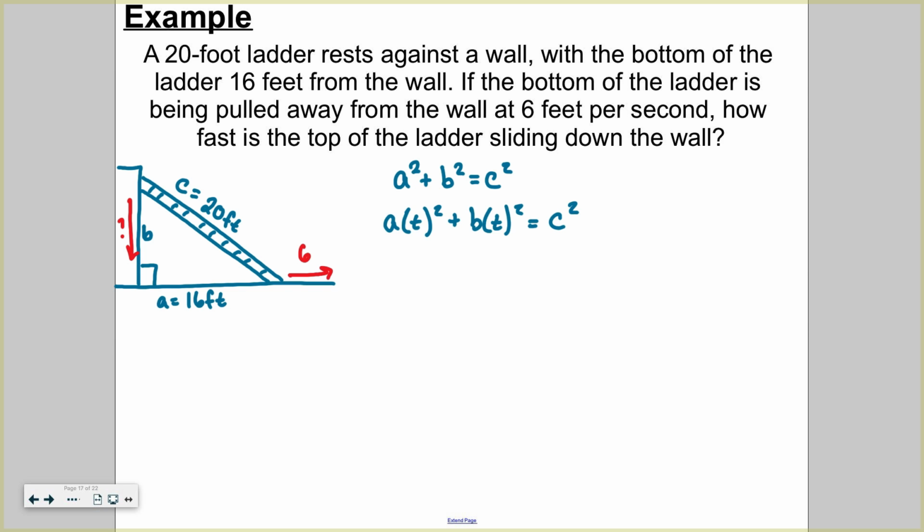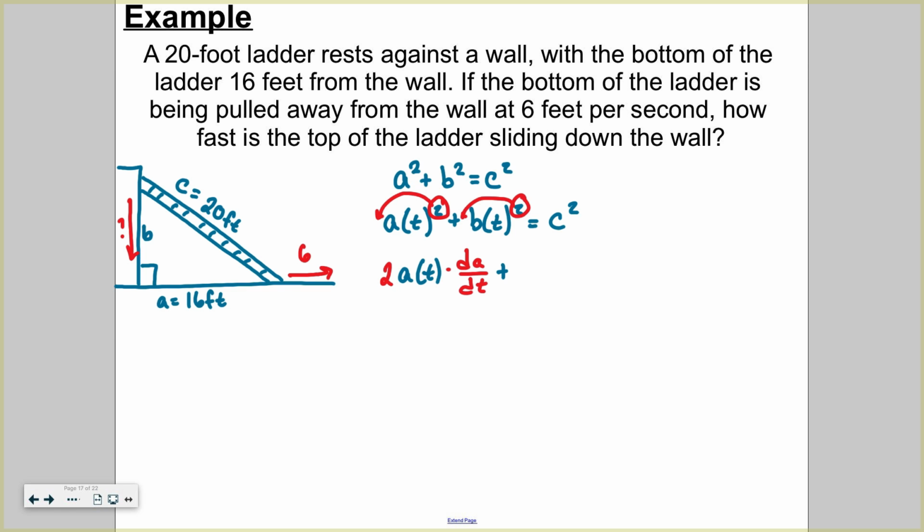Alright, so now we can take the derivative of both sides. We need to use the power rule and the chain rule, so 2 times the front. This is going to be 2 times a of t times dA over dt, plus the same thing with b: power rule, move the 2 to the front, subtract 1 from the exponent.